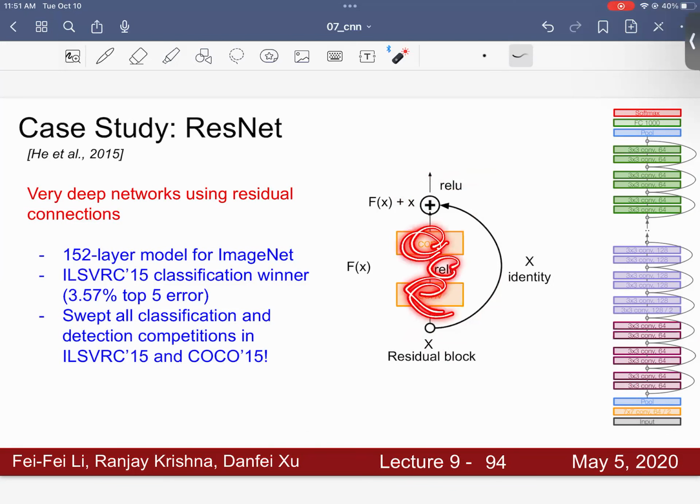But in addition to that, there's a skip connection where you put the signal from X to the final output directly. So there's a plus X here. Without this, it would be just F(X). But with this skip connection, you're propagating your signal directly to the final output. So that's ResNet.